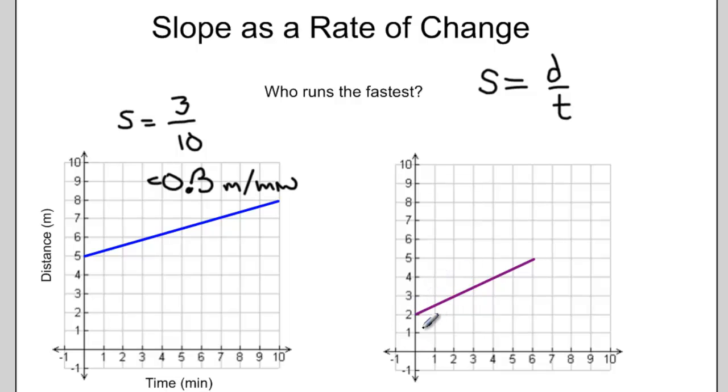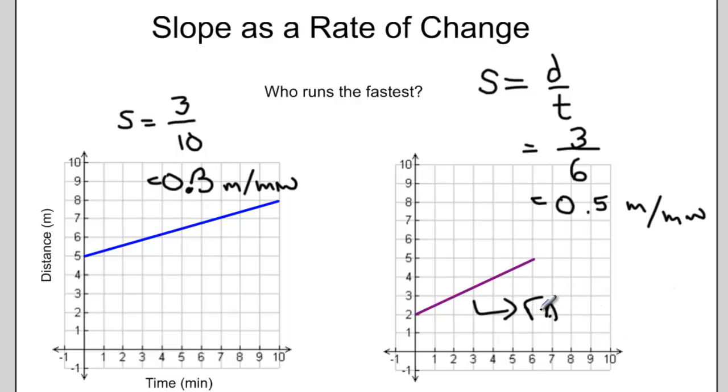In my purple graph, in 6 minutes, I've gone 3 meters. So my speed is 0.5 meters per minute. So here my purple line is the fastest.